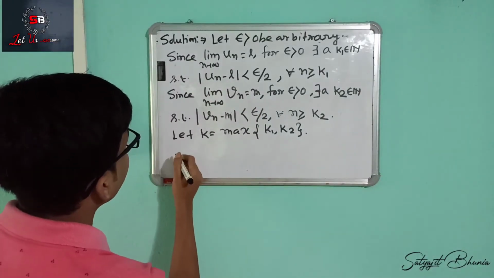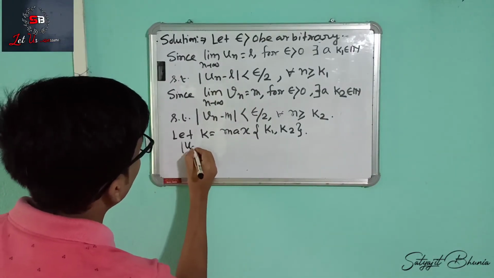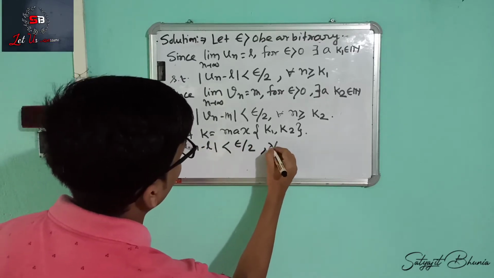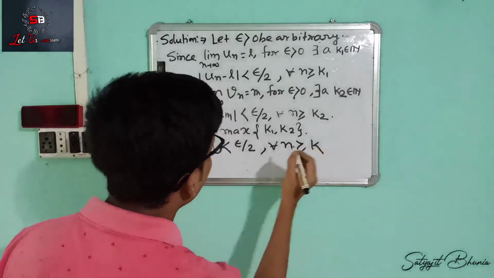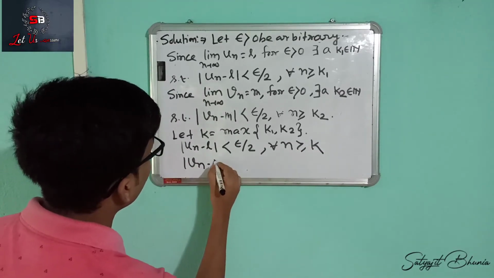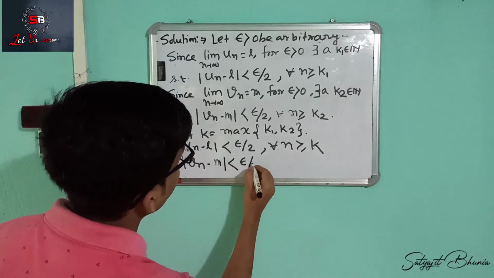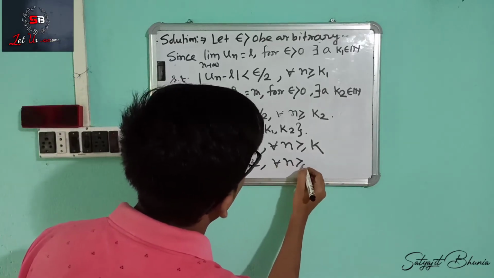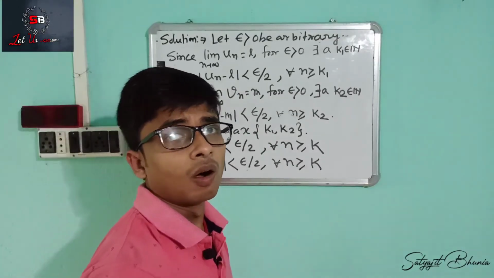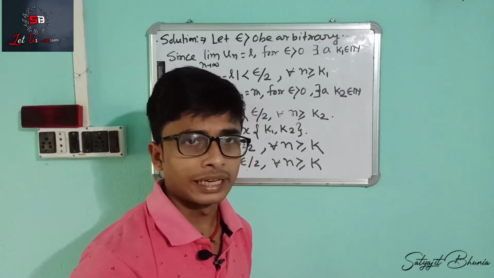So mod of un minus l is less than epsilon by 2, and mod of vn minus m is less than epsilon by 2, for all n greater than or equal to k. Both inequalities hold for all n greater than or equal to k.